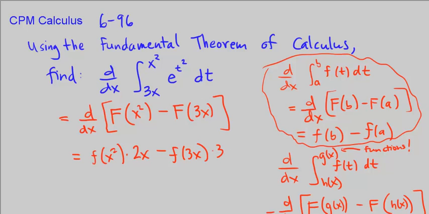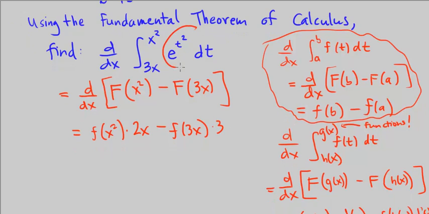Okay? So our function, remember, is e to the t squared power. So if we plug in x squared as the input, it's going to be e to the power of x squared times 2x, minus, now we're going to plug in 3x, so it's e to the 3x squared power times 3.